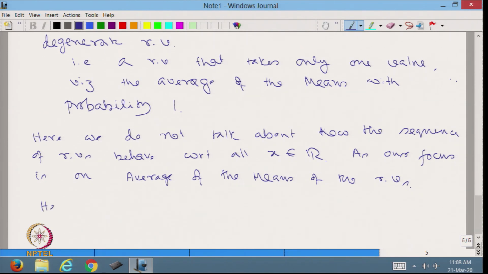Hence, convergence in probability makes sense.